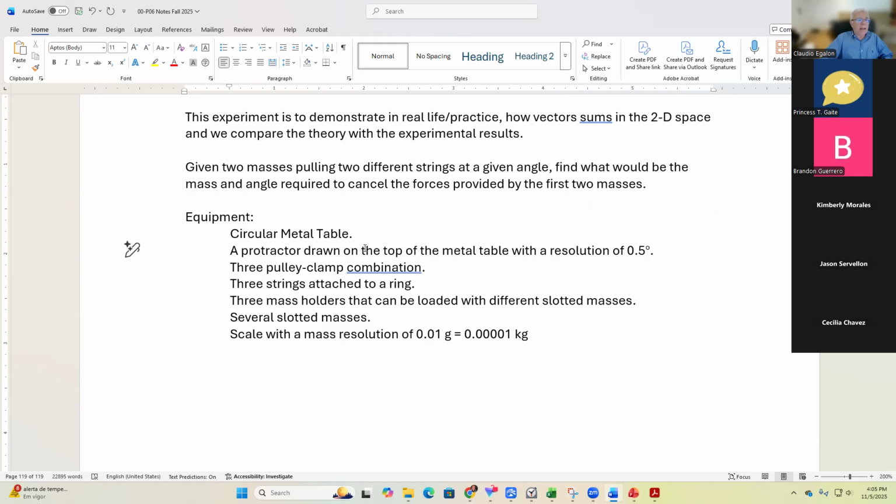So you're going to need that to display your spreadsheet with the proper number of significant figures, okay? 3 mass holders, assorted slotted masses. So that is the whole setup that we need. That's the whole equipment that we need.